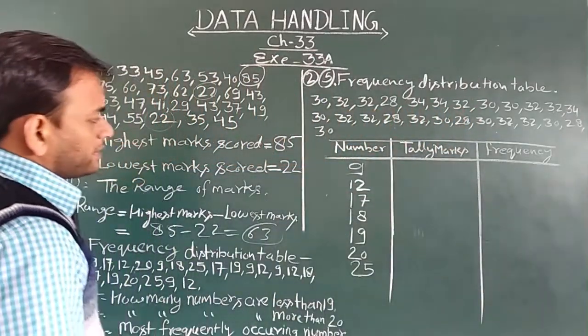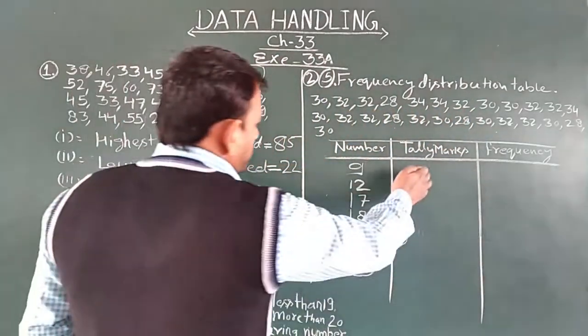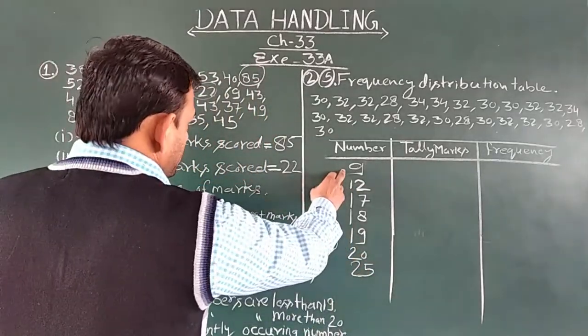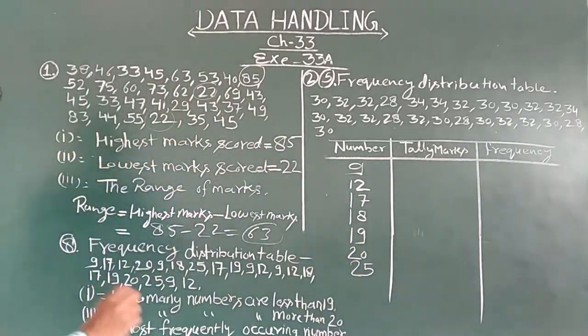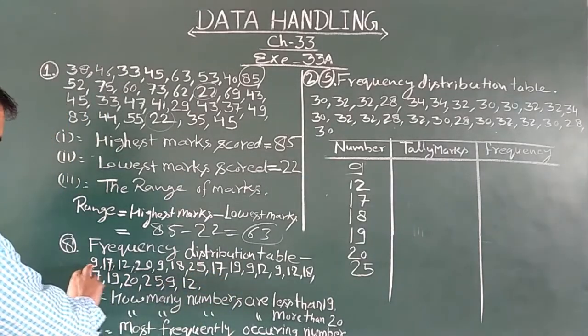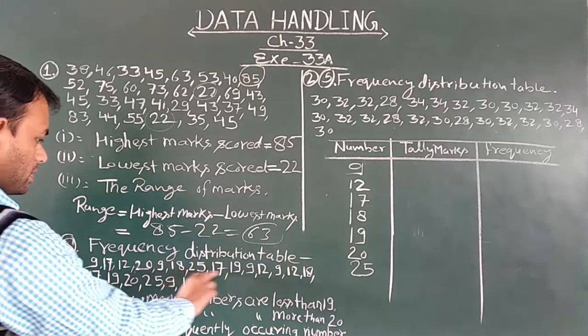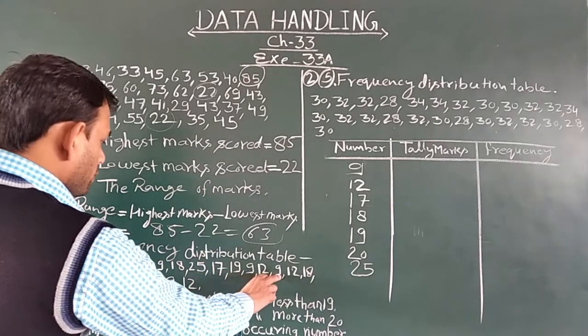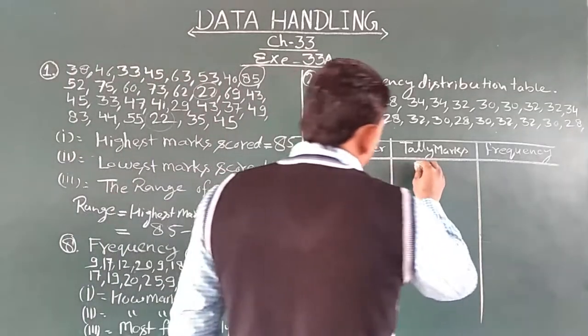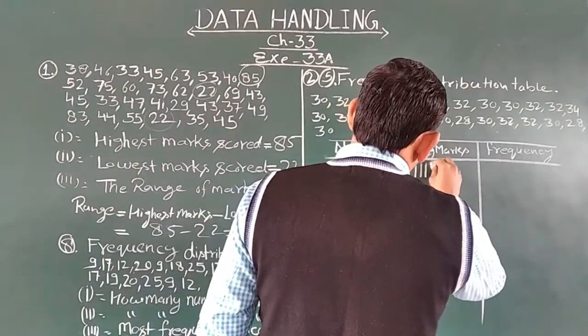Got it? Now we will put the tally marks for these numbers. First of all, 9 is given, so we will see how many times 9 has come in the whole data. 1, 2, 3, 4, and 5. 5 times 9 has come, so we will draw 5 lines.